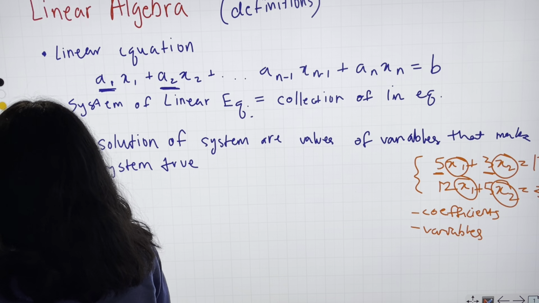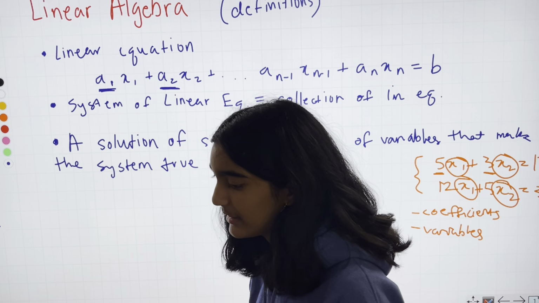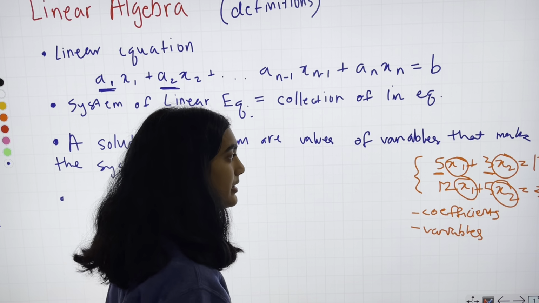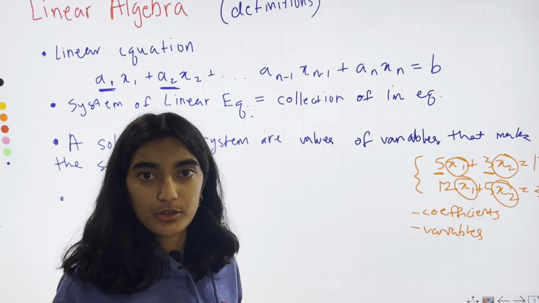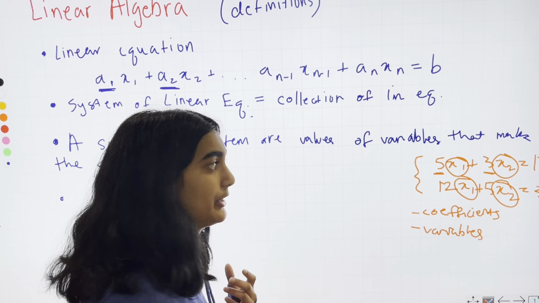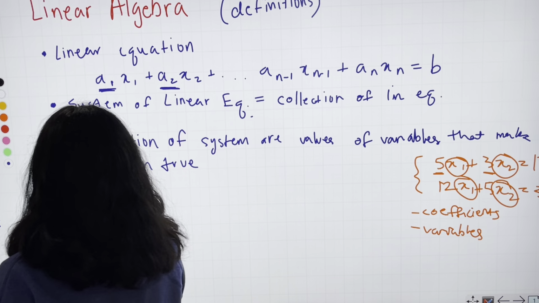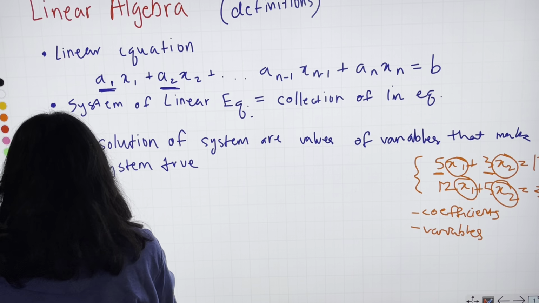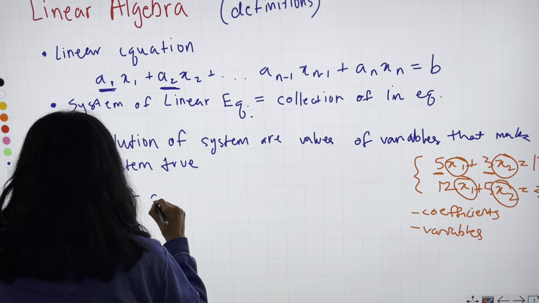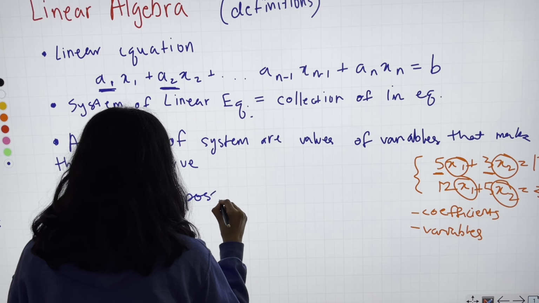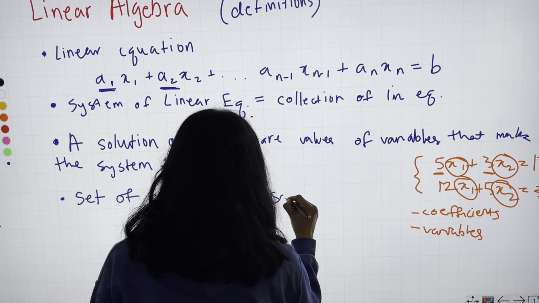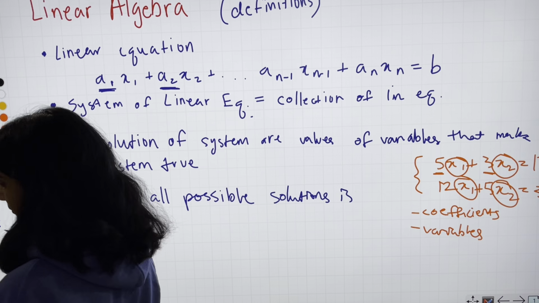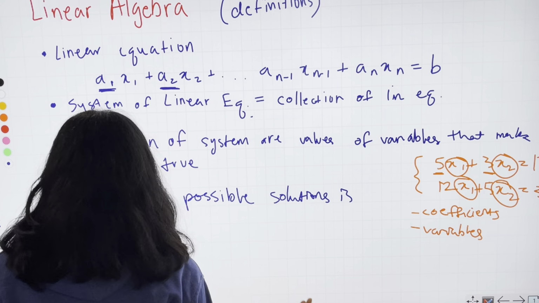Okay, so that's a solution, and the set of all possible solutions, because we're going to see that it's possible to have multiple solutions, actually an infinite number if you're having more than one, but we'll get into that later. So the set of all possible solutions is called the solution set of a linear system.